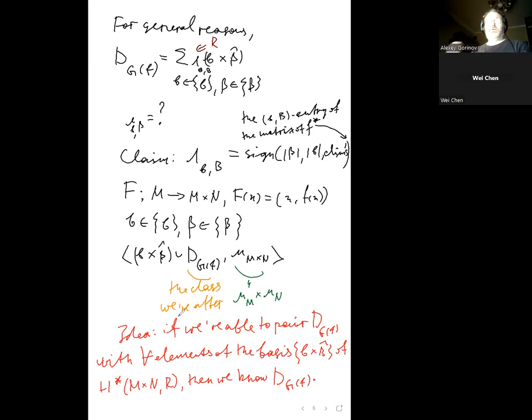So I will produce the formula again. Beta cross beta roof, cap DGF, mu. Is this what I wrote here? Yes, it is. Very well.